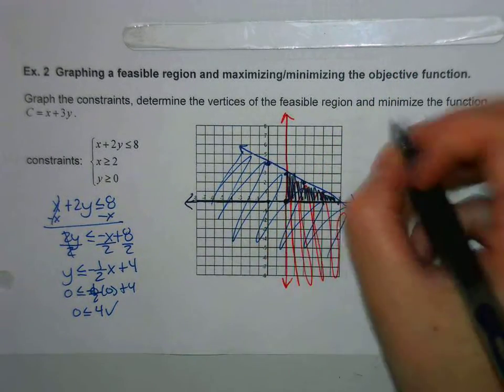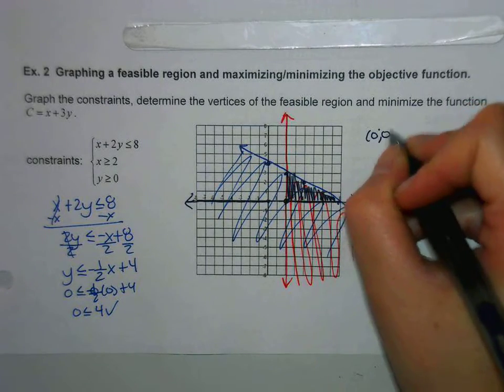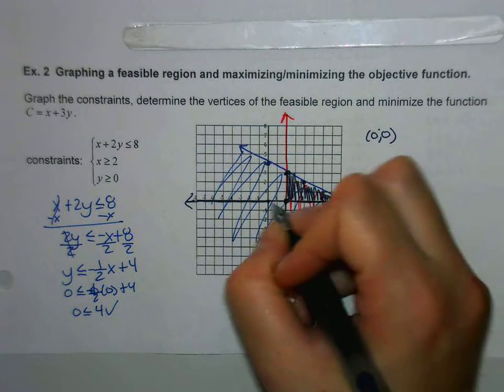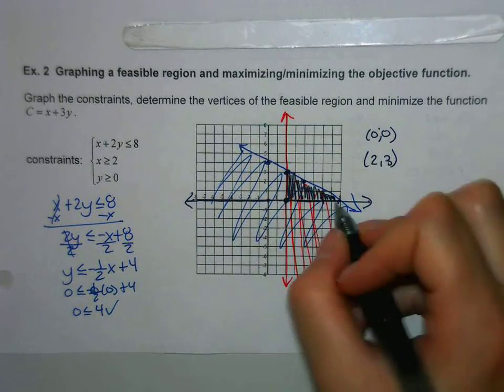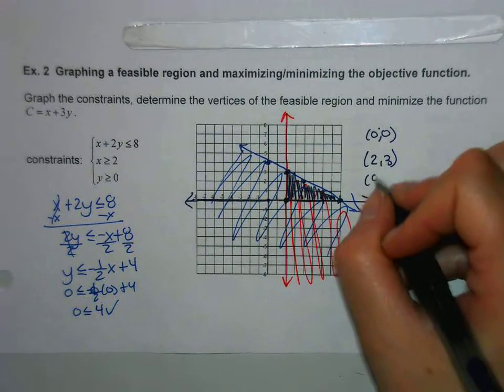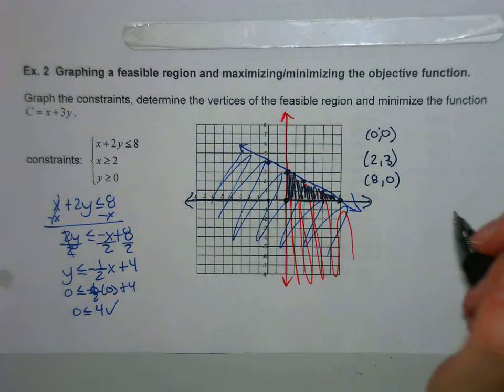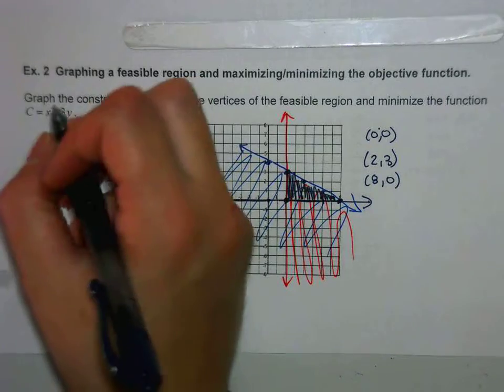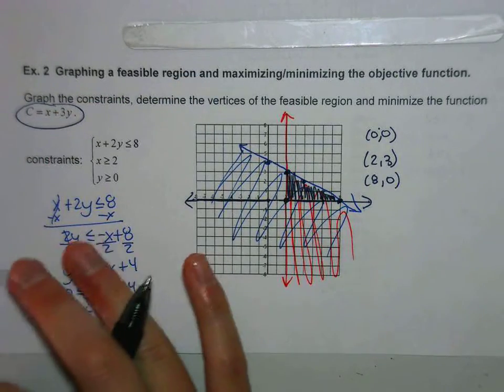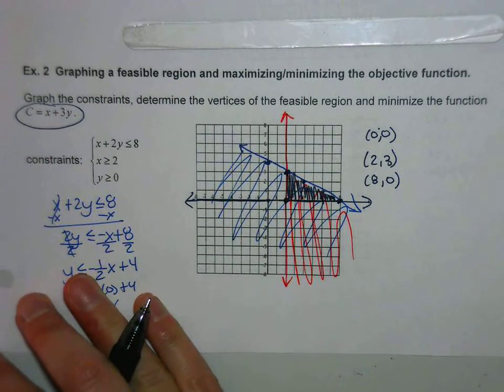And our 3 vertices, we have 0, 0. We have 2, 3. We have 8, 0. So we need to find the maximizing value for this objective function.